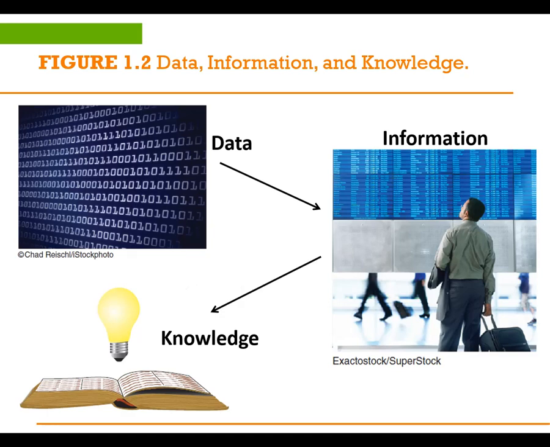It's shown there on an airport arrival and departure board. It's organized by city that you're going to, time, and the gate. All that data has been arranged in a pattern, in a manner that makes it easier for the traveler to understand where they need to go to catch their flight.